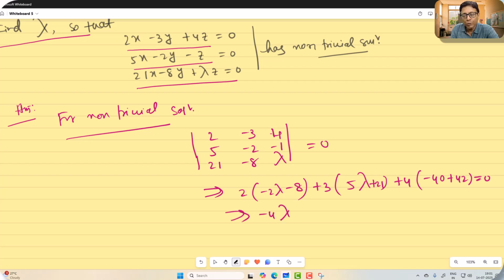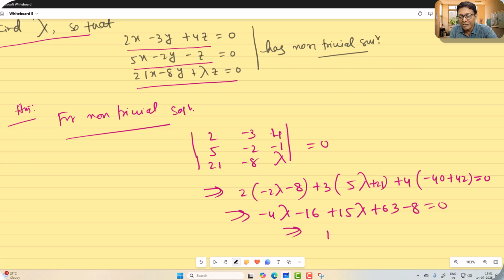So minus 4 lambda, 16, 63. Oh my god, this is 2, no? So minus 8 equal to 0.